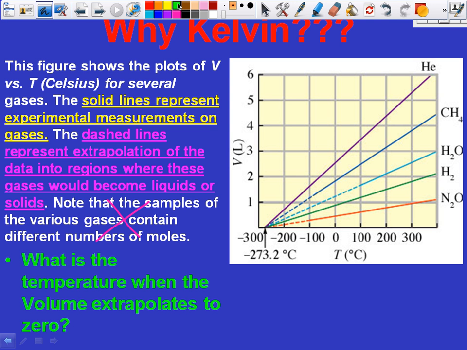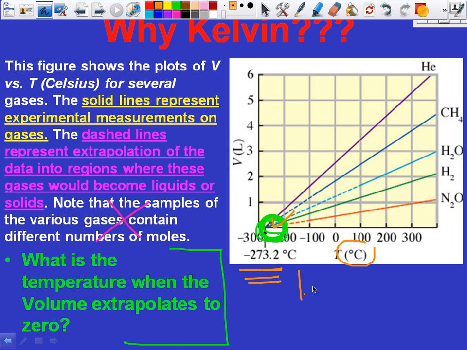So what is the temperature when the volume extrapolates to 0? So notice, the key there is that every single gas, no matter the gas, all hit this point where they all have a volume of 0. Well, this is the point right here, negative 273 degrees Celsius.